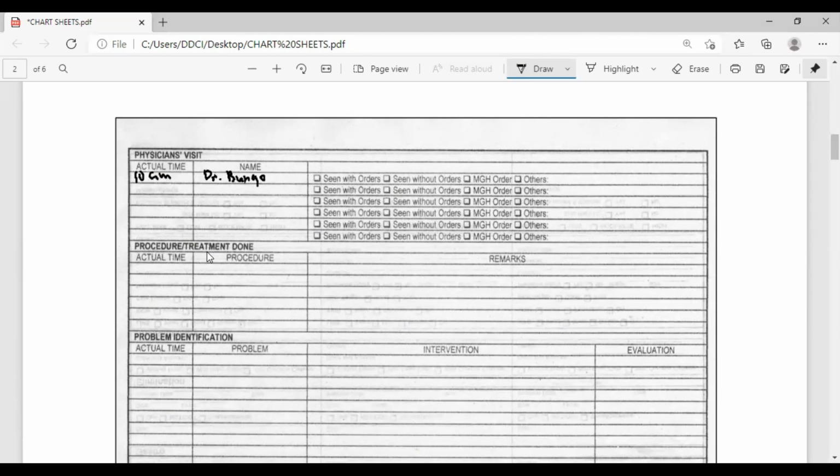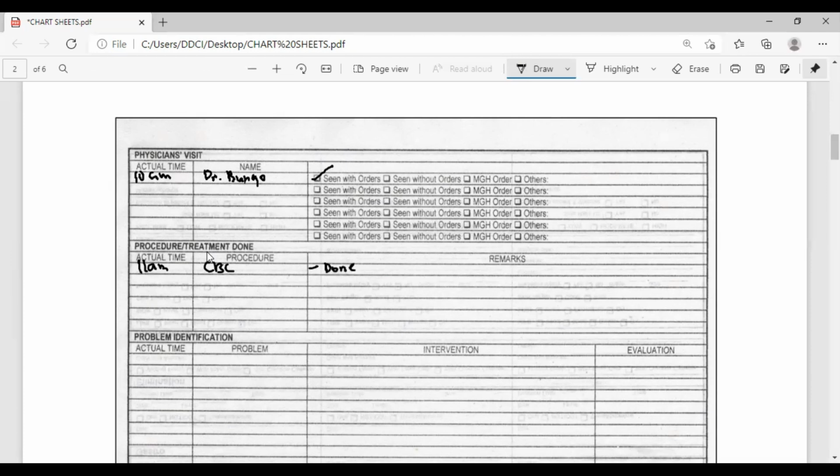Okay, and if seen with orders or seen without orders, or others, you just put a check. So let's say seen with orders, and then if there are any procedures done to the patient, so let's say 11 a.m., your CBC was taken. Okay, so you just put CBC done.